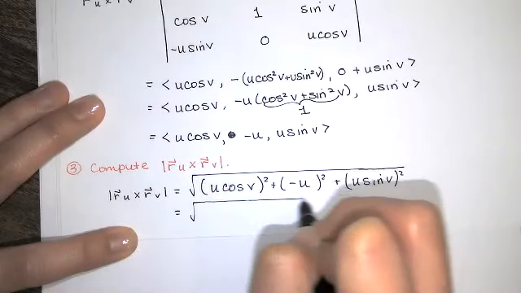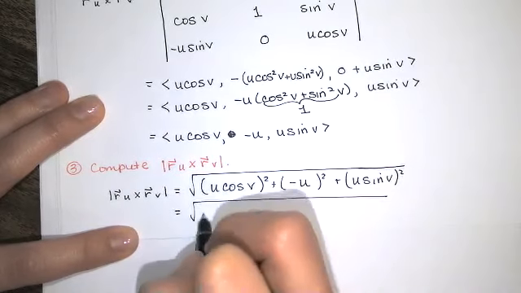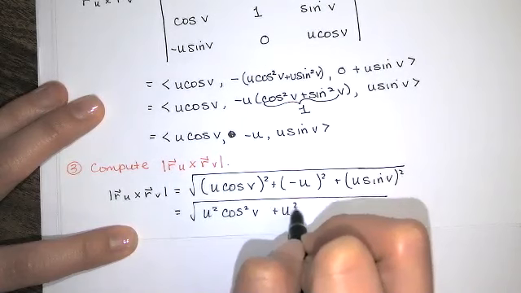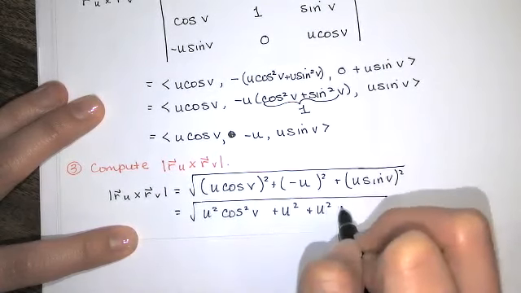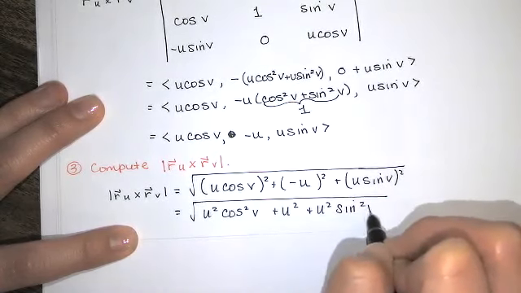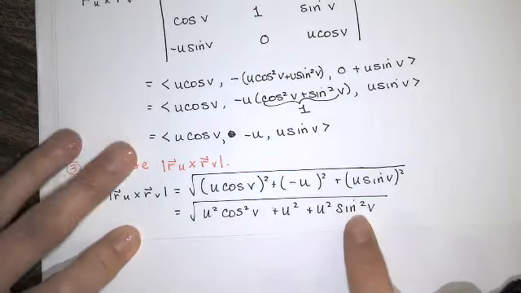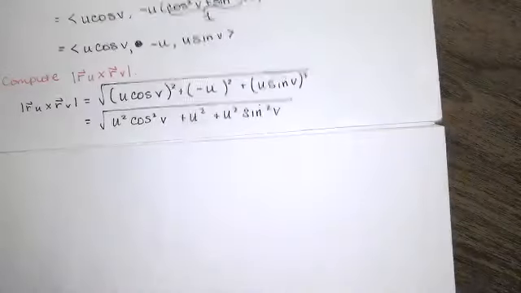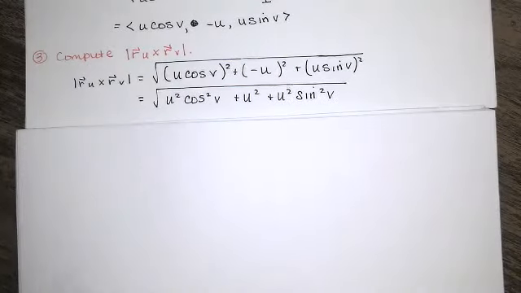Square all the pieces separately. I've got 2 factors there, so square the first factor and square the second factor. You guys see it? You can factor out a u squared from everything. That's nice. Always like when that happens.